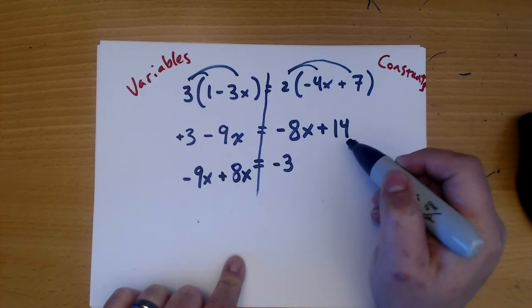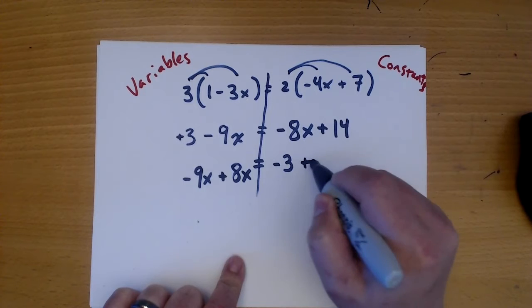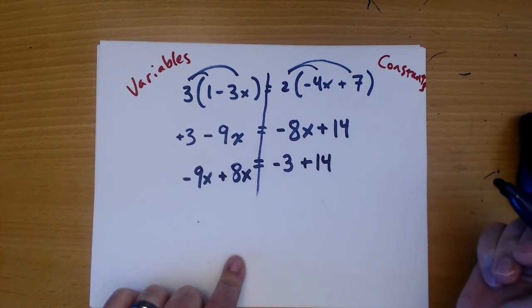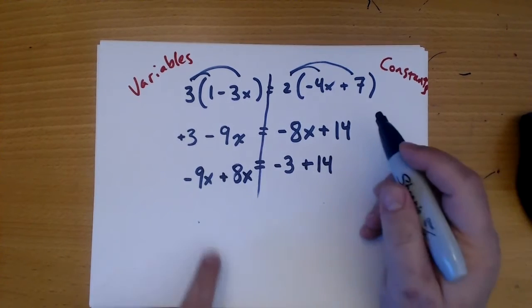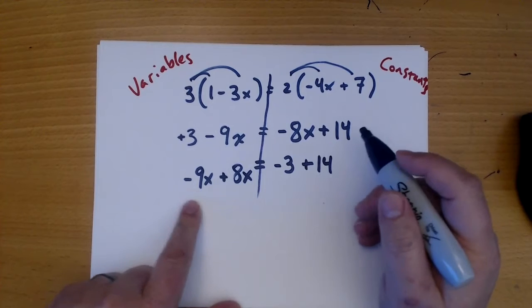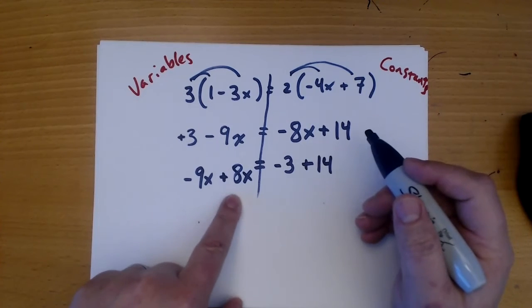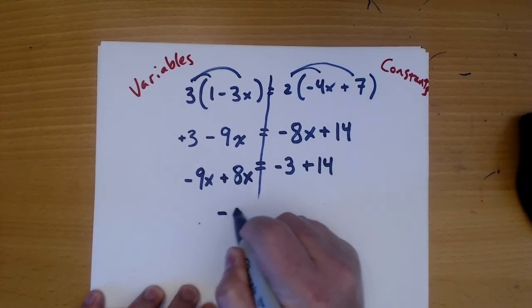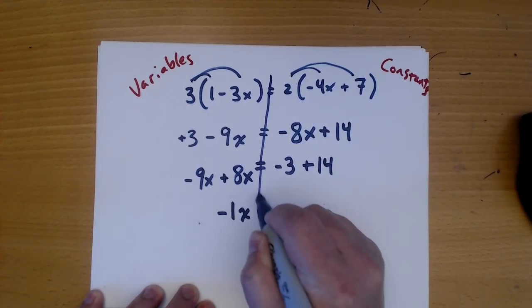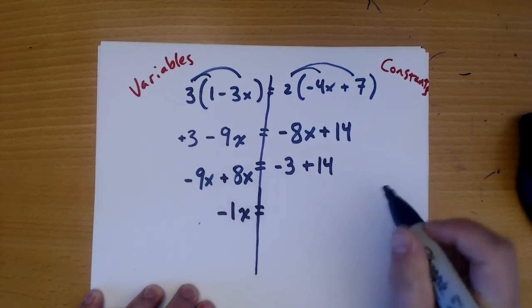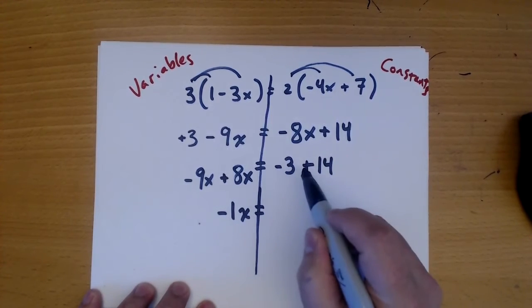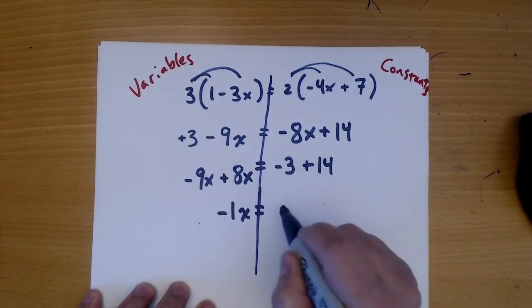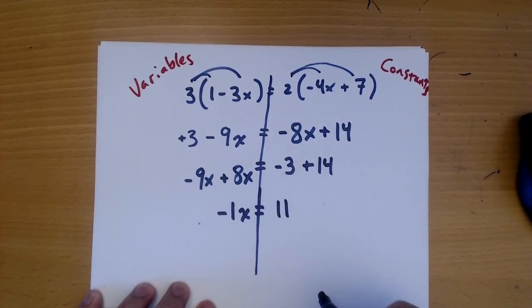So we don't do anything to it. We just move it down. Now we combine. -9 plus 8 is -1. -3 plus 14 is 11. And now we divide.